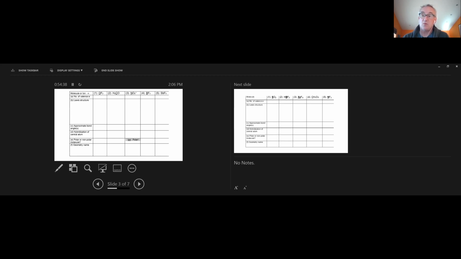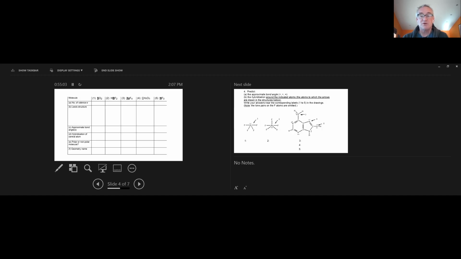So it's helpful to know the ideal bond angles for the different shapes. There's really only three: 90 degrees, 120 degrees, and 109.5. Those are the only three angles you need to know. So everyone's cool with these?